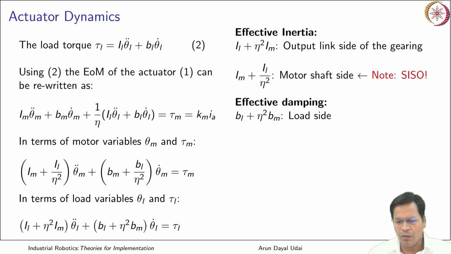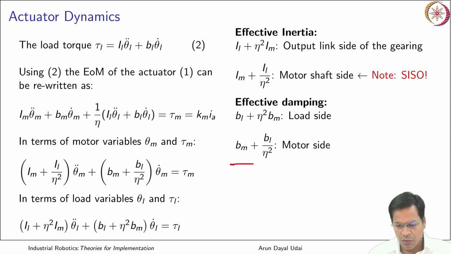Now looking at the damping side of it, the same will happen to the damping also. From the load side you have damping which is here. It has more damping, it is very much naturally damped.